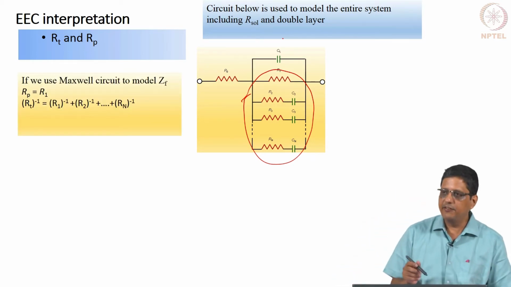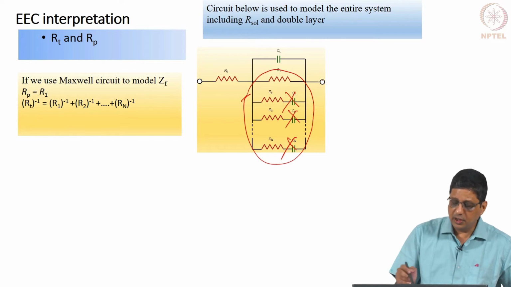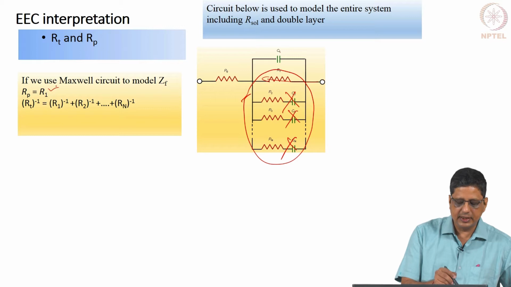In this case, if I give 0 frequency, this capacitor becomes open circuit. So, at 0 frequency, all the current has to go through this only. So, polarization resistance is R1.